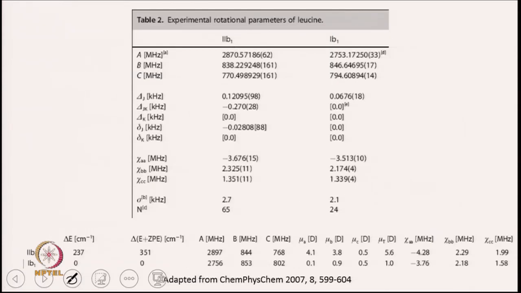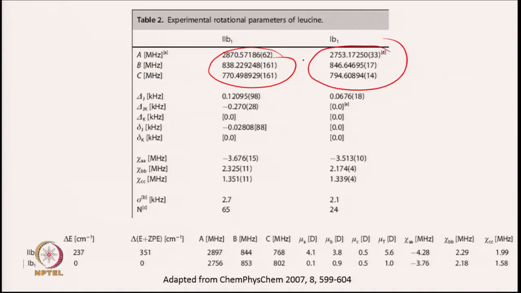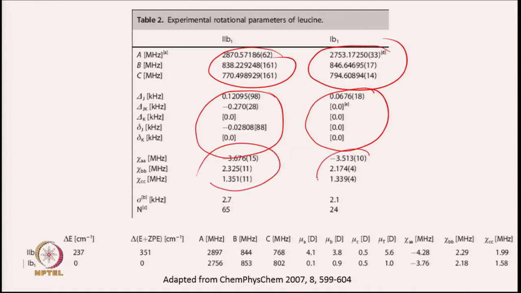And you can see here that for 2B1, these are the values obtained by rotational spectroscopy: the values for rotational constants, the values for dipole moment, and the values for nuclear quadrupole splitting. And these are the ones obtained from the theoretical modeling.